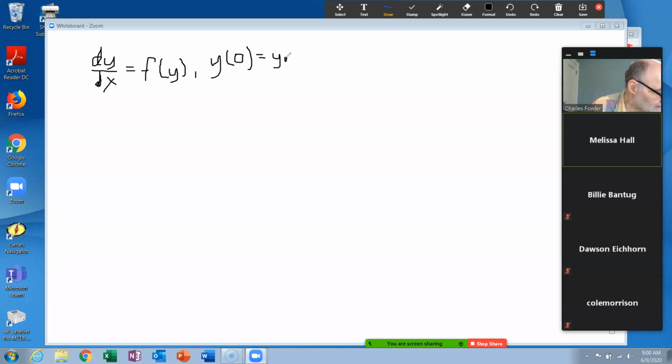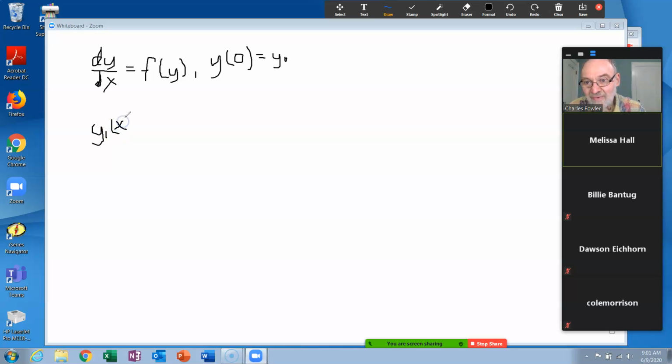Then, if that is a solution, then y1 of x, and they don't tell you where this comes from, but here's this y1 of x, some other function of x.